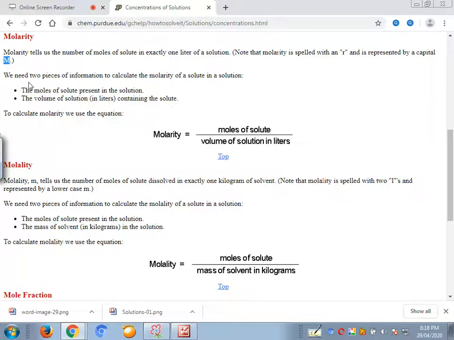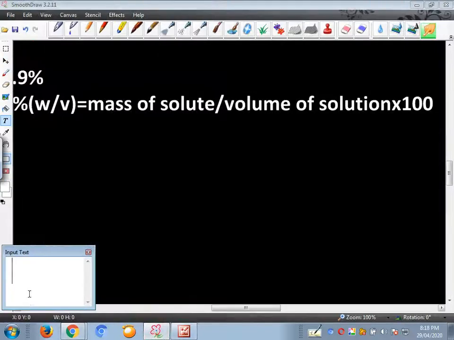Now we need two pieces of information to calculate the molarity of a solute in a solution. That is, the moles of solute present in the solution, and the volume of solution in liters containing the solute. So if we have these two quantities, then we can directly calculate the molarity of the solution. So we'll go directly with respect to this example.